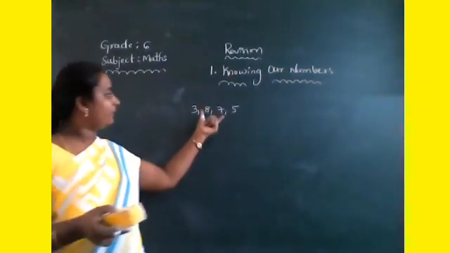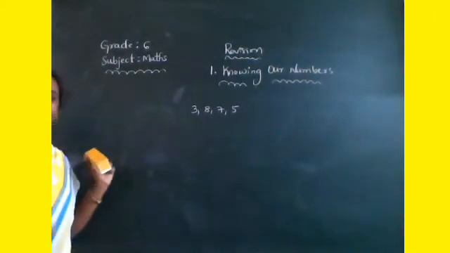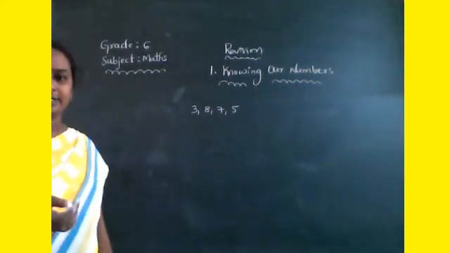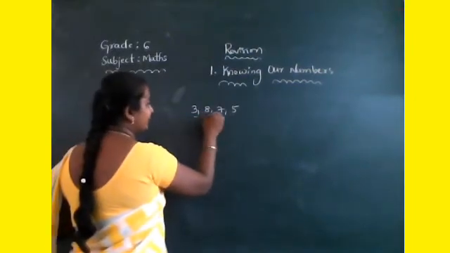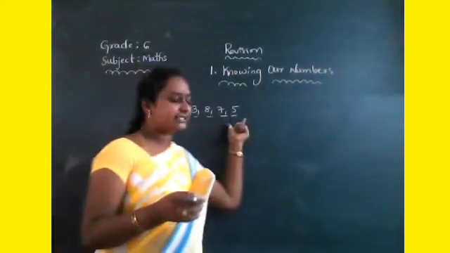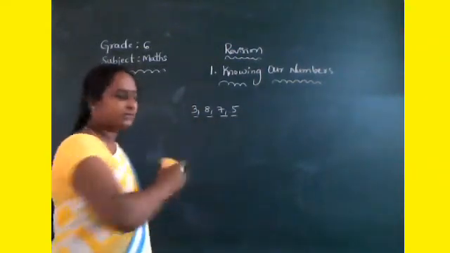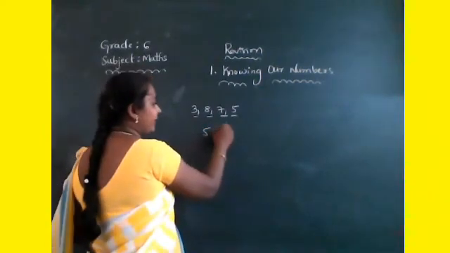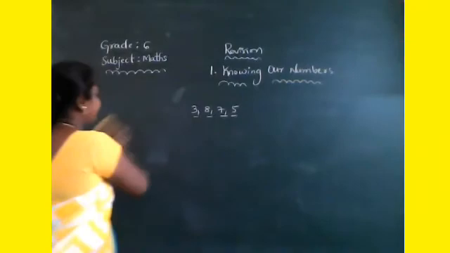Then next, what is the greatest and what is the smallest? Can you tell me? But don't repeat the digit. That means one digit will not repeat again. Suppose if you take 5, then 5 will not come again. So the digit is never repeated.